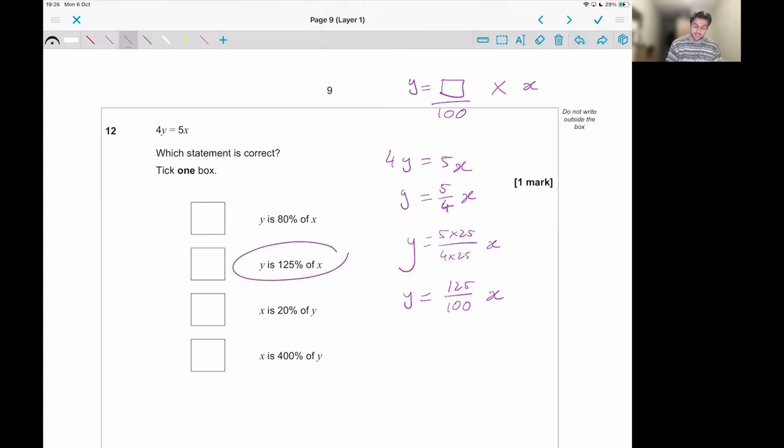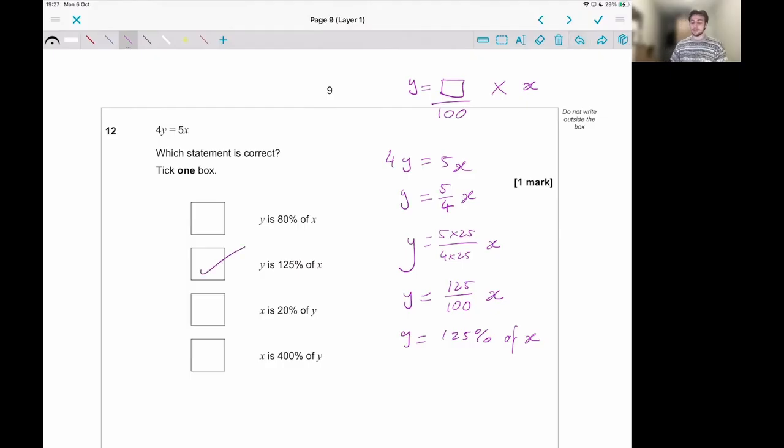So we know that y is 125% of x. That's what we've just worked out. We can even undo it this way. So we can say, well, we've got 125 divided by 100. That's the same as writing 125%. And it's being multiplied by x, so we can write of x. And that is exactly what this second box is telling us to say. So we can tick it.